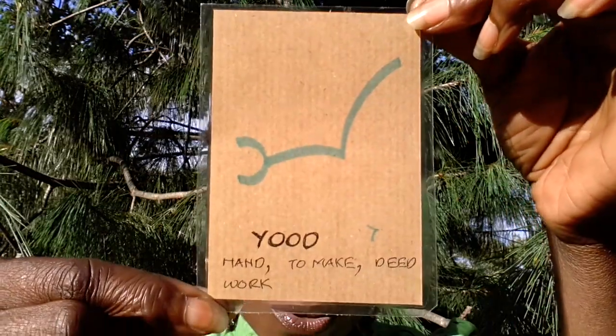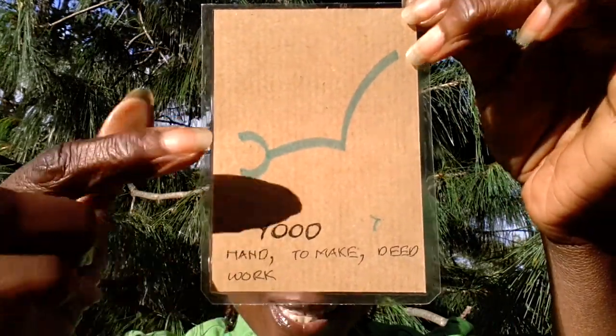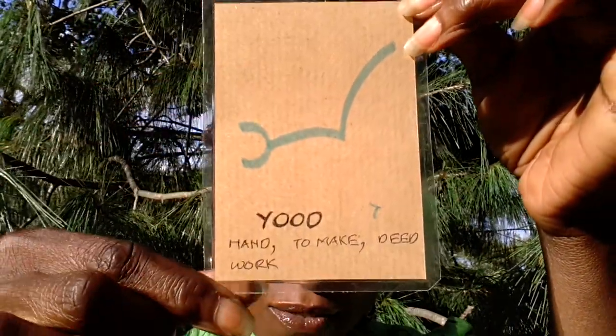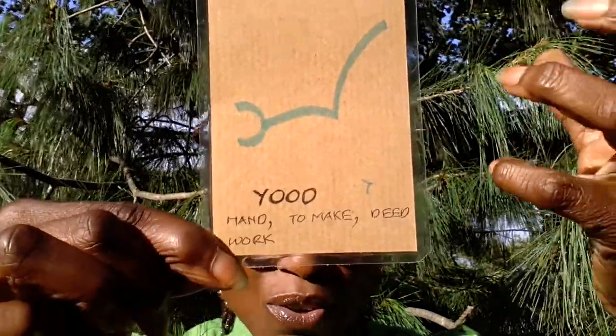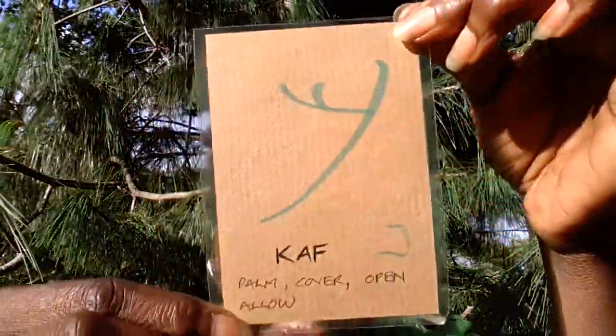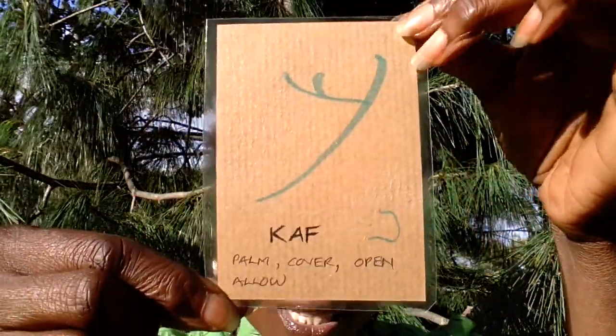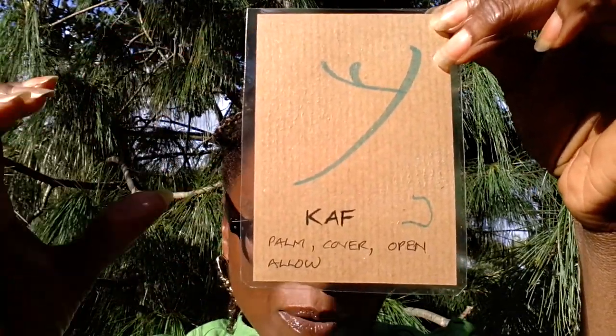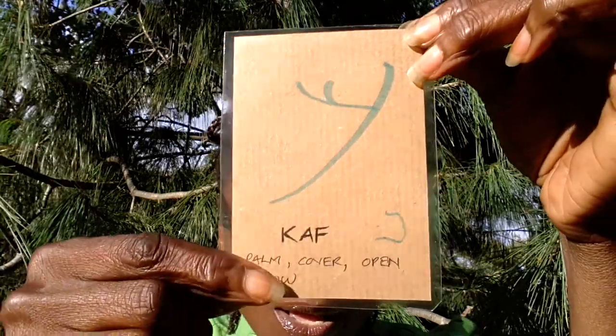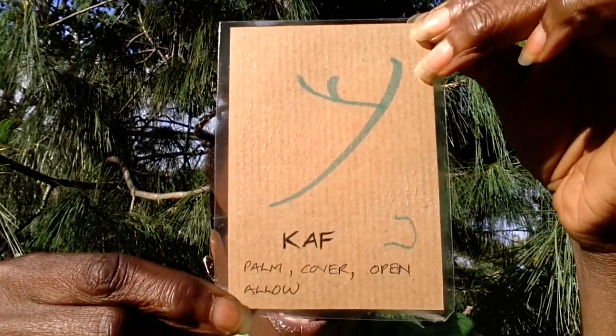Then you have yud, which is the hand that's represented at the end of the arm, to make a deed or work, so the work of your hands. Then you have kaf, which is the palm, so as you would cup your palm off of your arm, and maybe if it was raised, a palm to cover, open or allow.